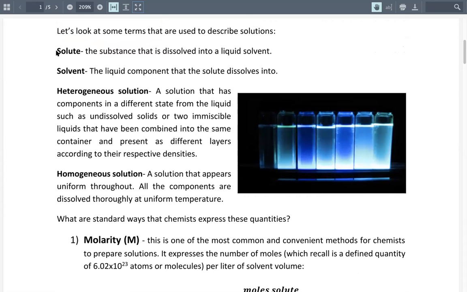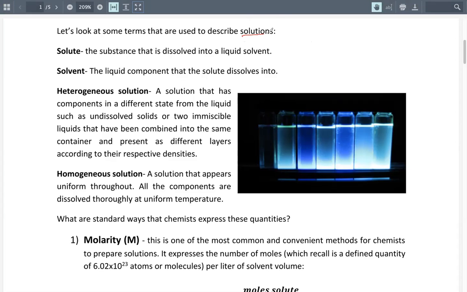All right. So your solute and solvent are the two important words we're going to be looking at today. Your solute is a substance that is dissolved into a liquid solvent. And your solvent is the liquid component that the solute dissolves into. To simplify that just a little bit, if I am making salt water, that is my solution.